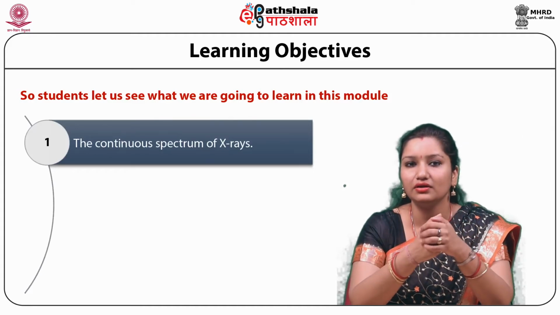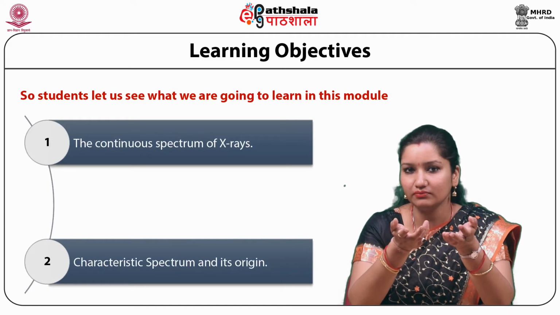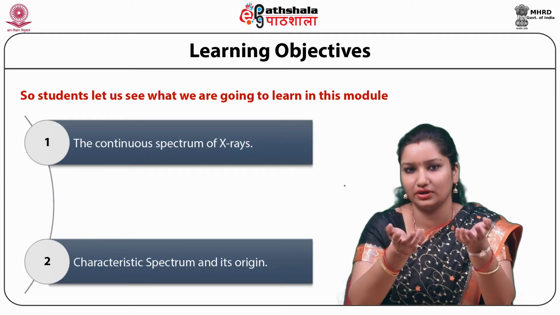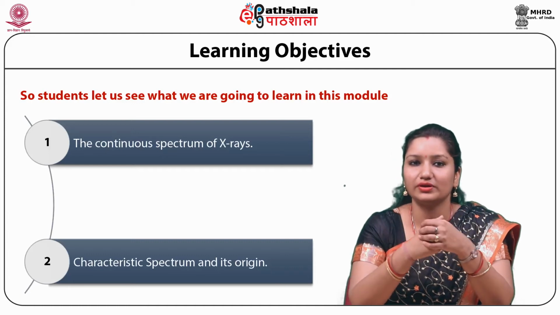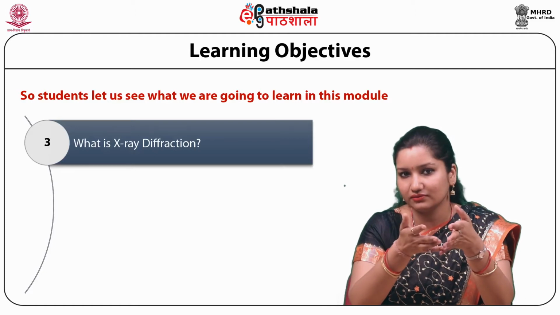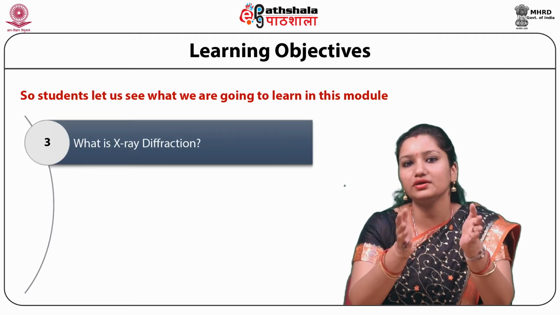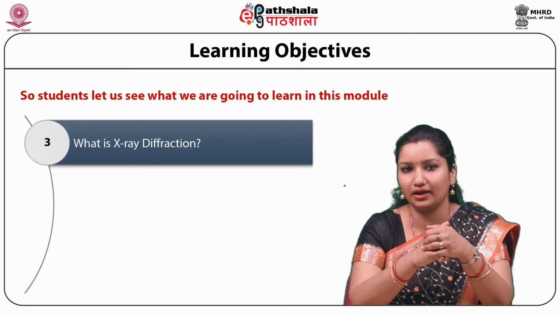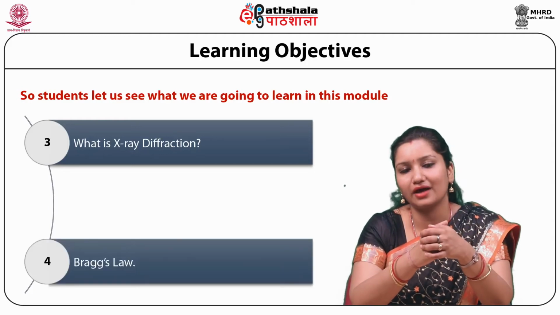Then we'll study what is a characteristic spectrum and how the characteristic spectrum is originated. Next, we'll study how a diffraction occurs using X-rays, that is, what is actually the X-ray diffraction. And in the end, we'll study in detail and we'll derive the Bragg's law.